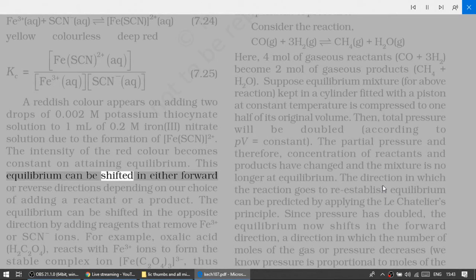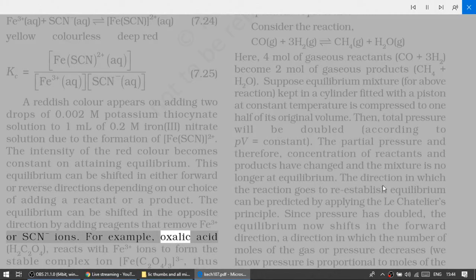This equilibrium can be shifted in either forward or reverse directions depending on our choice of adding a reactant or a product. The equilibrium can be shifted in the opposite direction by adding reagents that remove Fe3+ or SCN- ions.